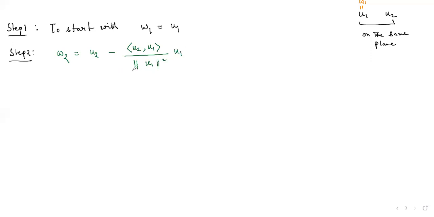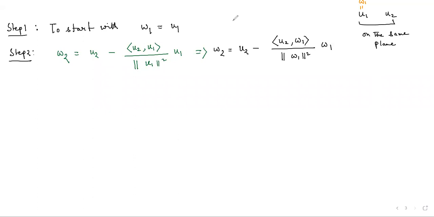And since w1 is the same as u1, we can rewrite this as w2 equals u2 minus the inner product of u2 and w1 divided by norm of w1 square, multiplied by w1.